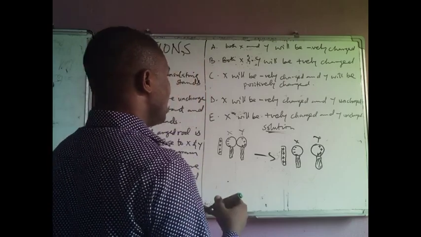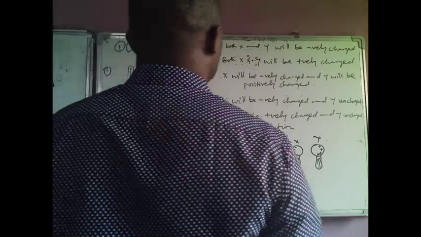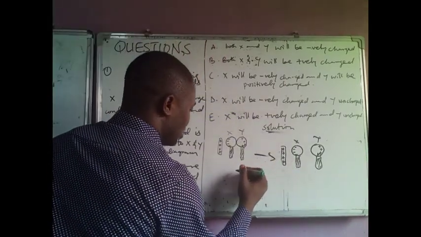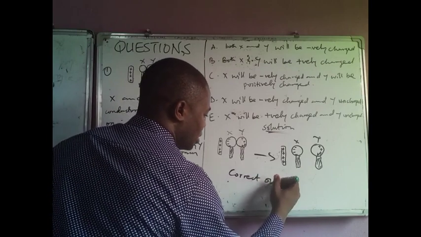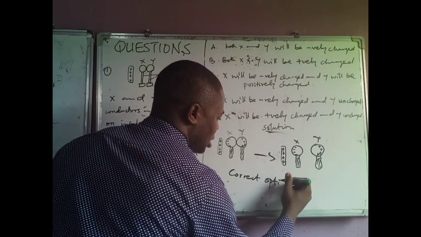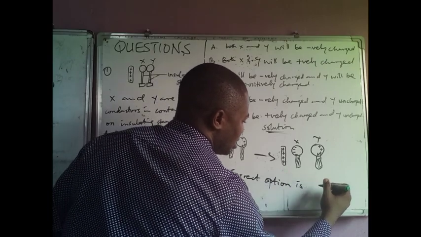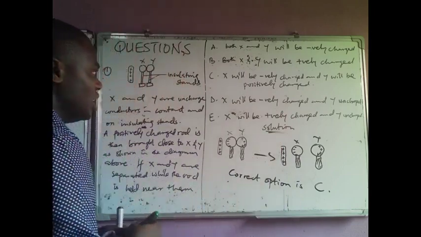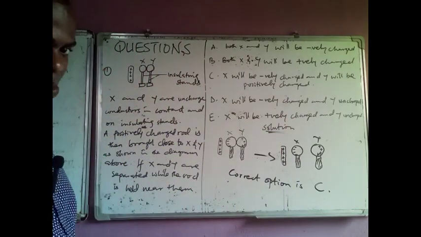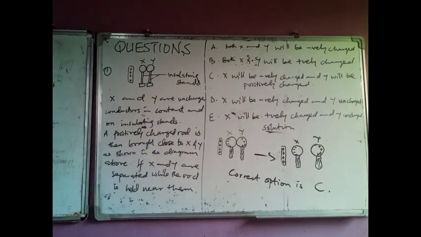So that is why the correct answer is option C. X will be negatively charged and Y will be positively charged. That's what you need to know.